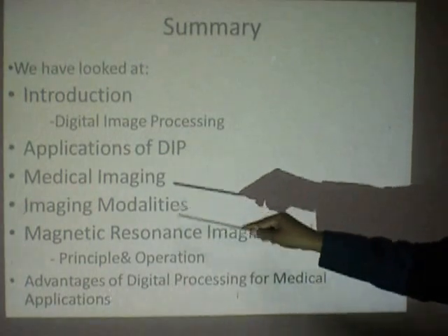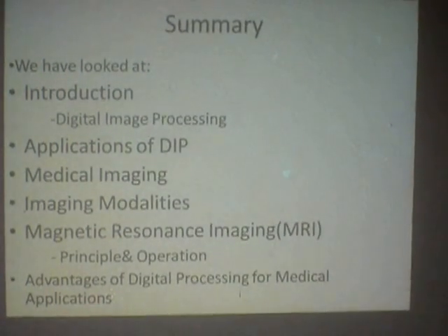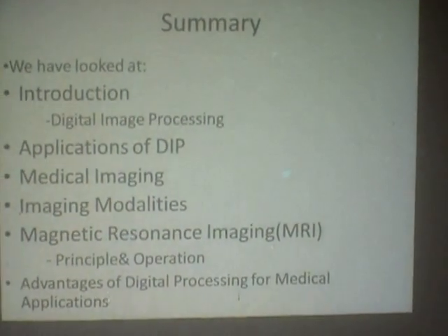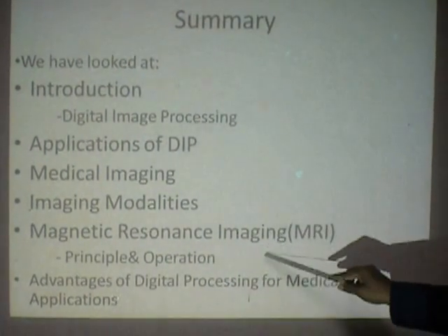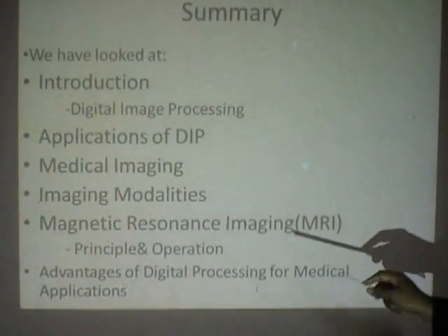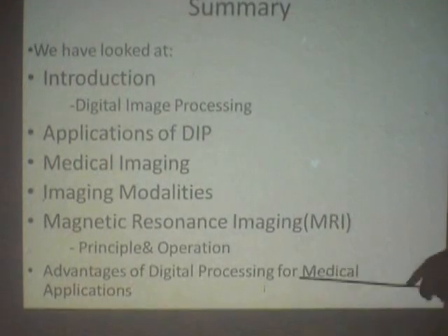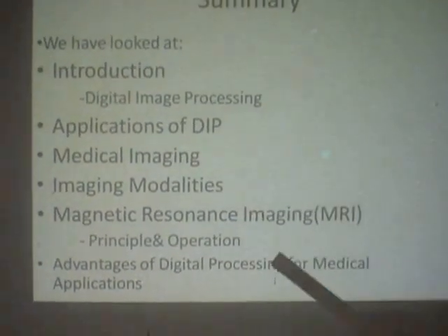Then we moved on to the imaging modalities. Normally we have two types of imaging modalities: the first is the anatomical modalities, and the next is the functional modalities. Then we discussed the principle and operation of magnetic resonance imaging. Then finally we discussed the advantage of digital processing for medical applications. That's all about the lecture.